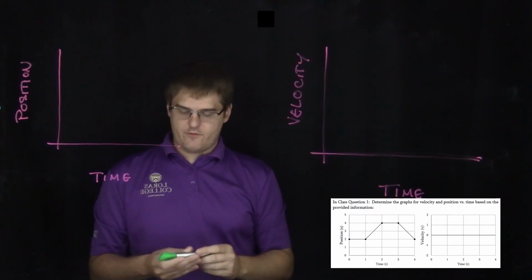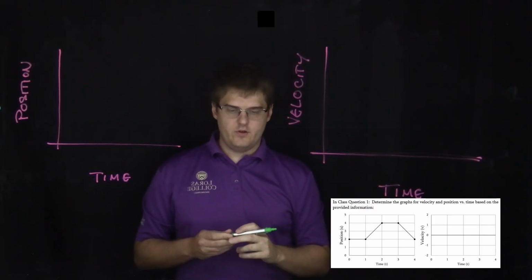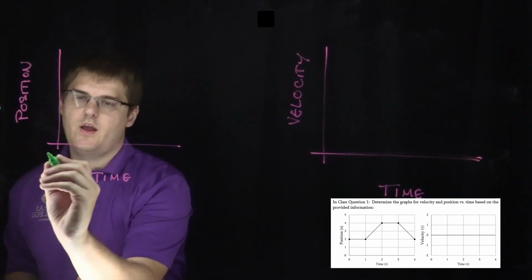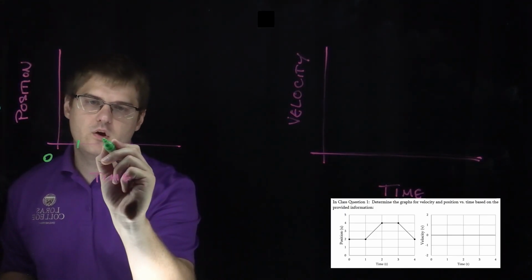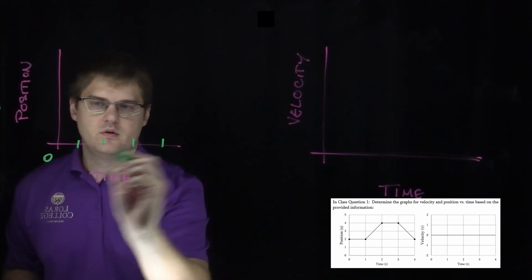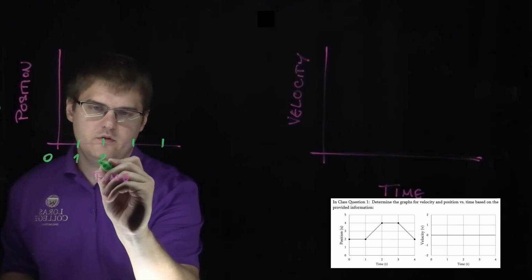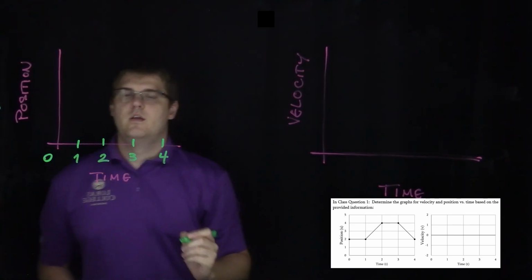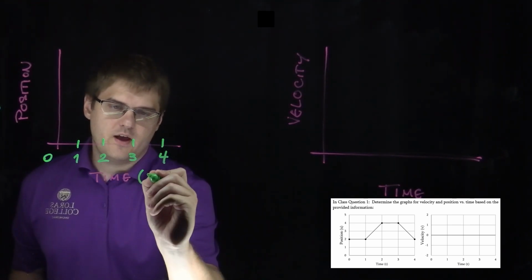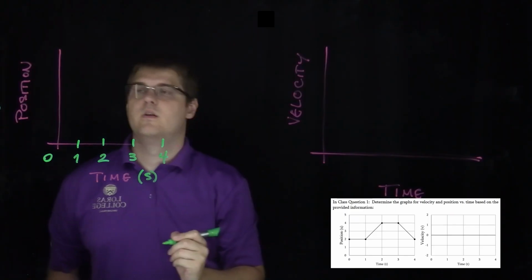For our first problem, we were given that we're working at a time scale between 0 and 4: 1 second, 2 seconds, 3 seconds, 4 seconds. We can assume this time is in seconds.